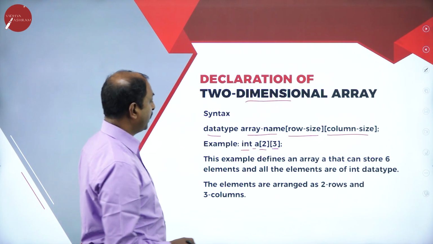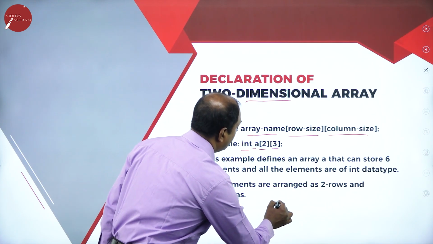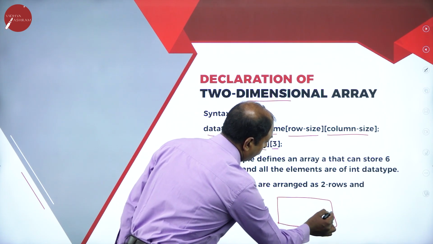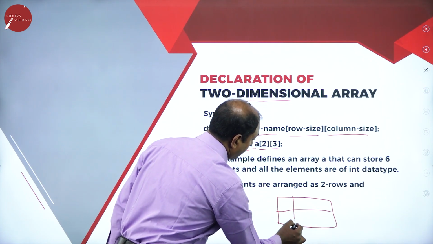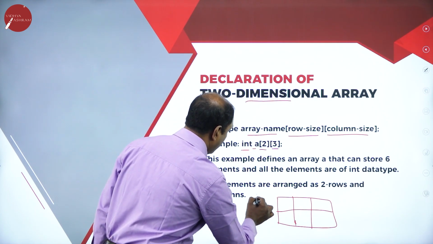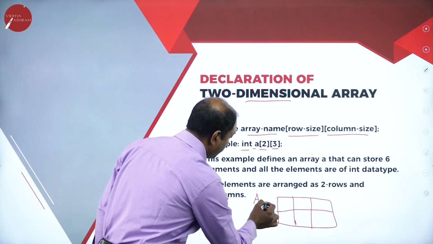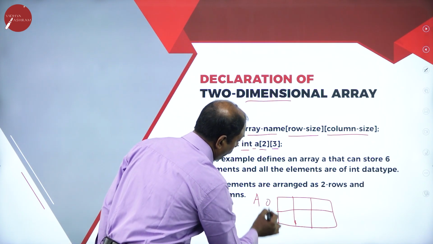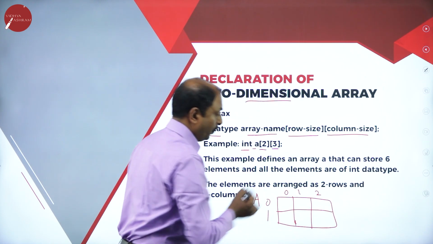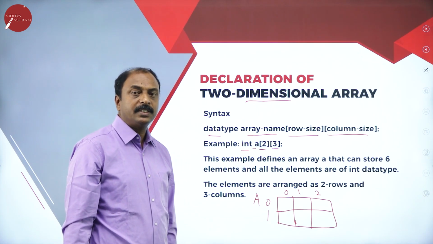So we can assume that the elements are arranged in 2 rows and 3 columns, like this. A is the name of the array, and the first index is row 0, 1, and this is column 0, 1, 2. This is the index, because array index always starts with 0.